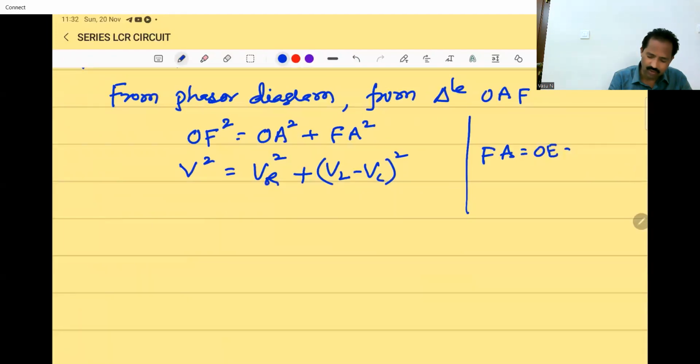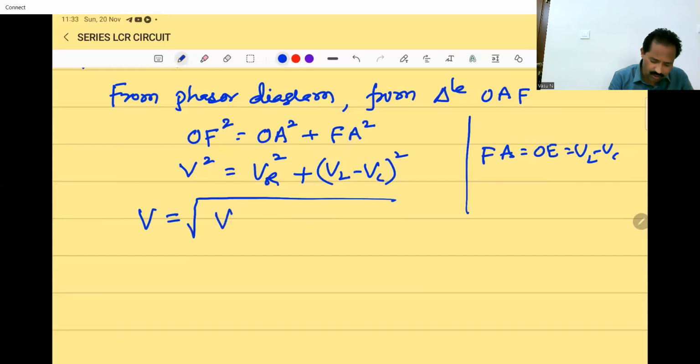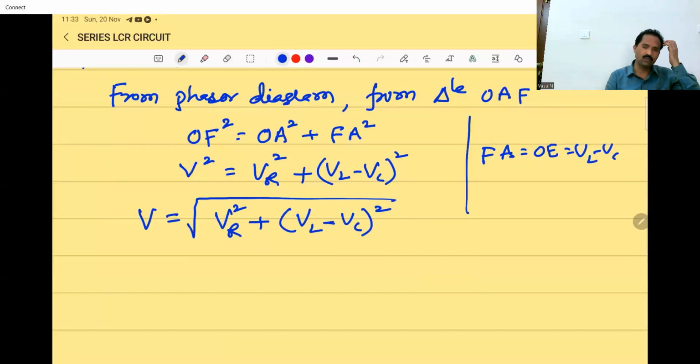OE is equal to VL minus VC. So V square is equal to VR square plus VL minus VC whole square. So I want V. V is equal to square root of VR square plus VL minus VC whole square. Okay, makla? So this is the resultant voltage across the series combination.